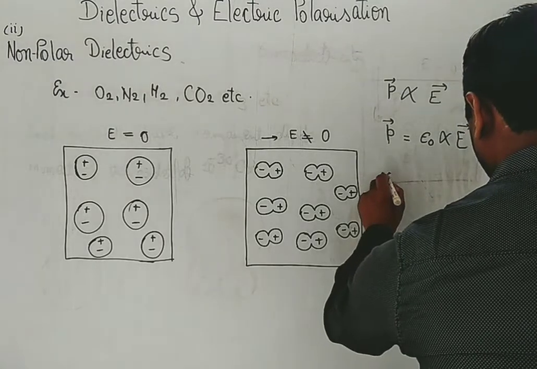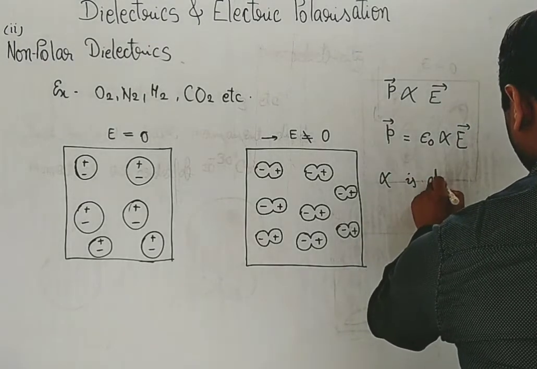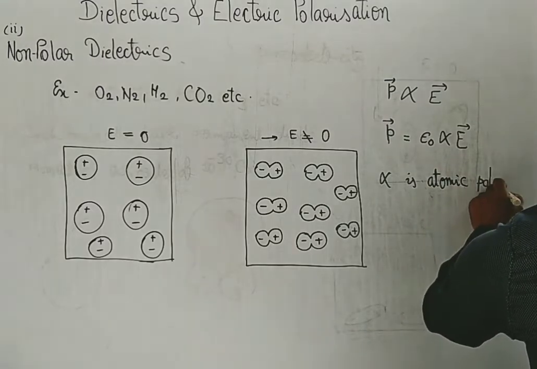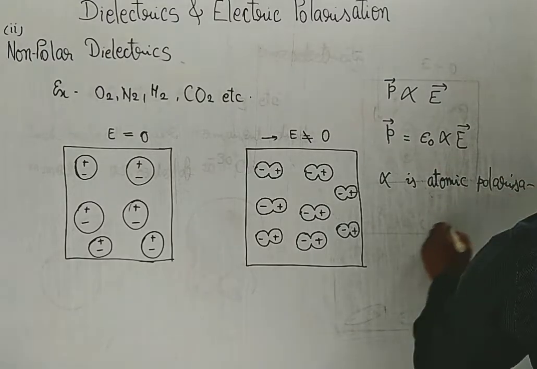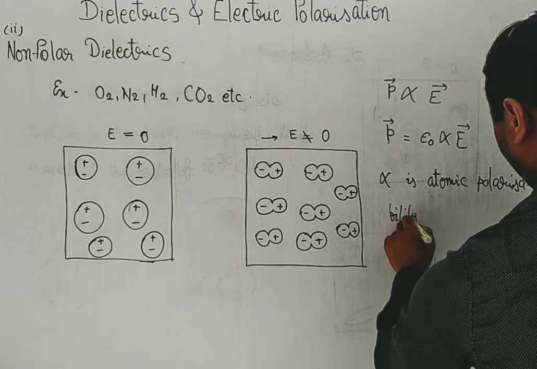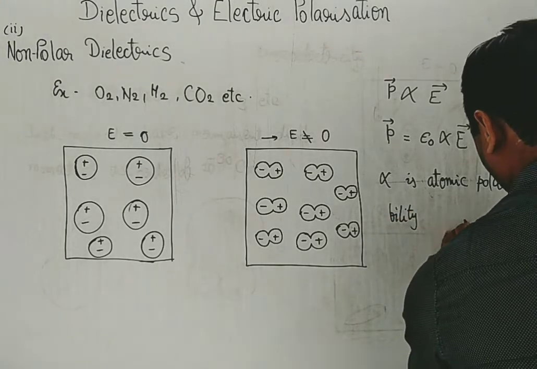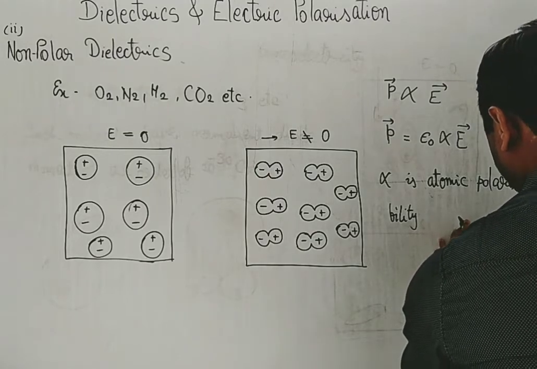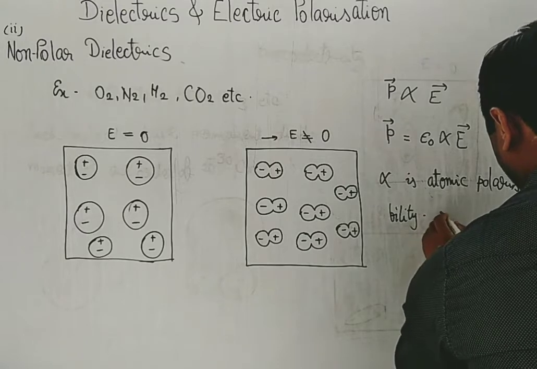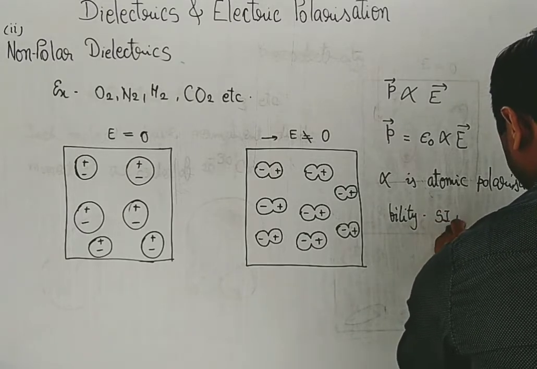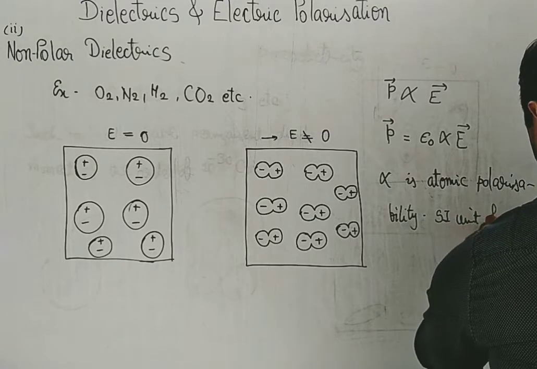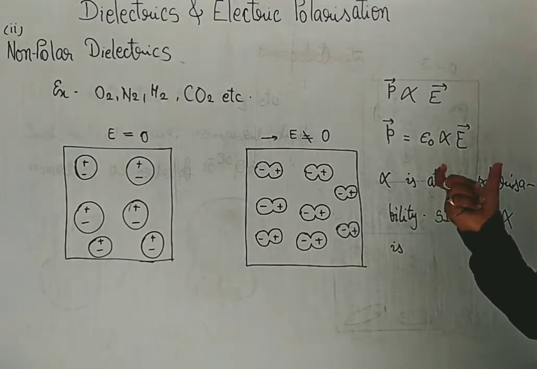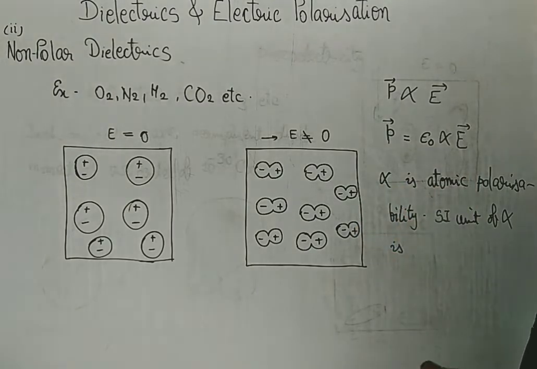So here alpha is the atomic polarizability. Okay, now the SI unit of alpha is the unit of volume of that specimen.